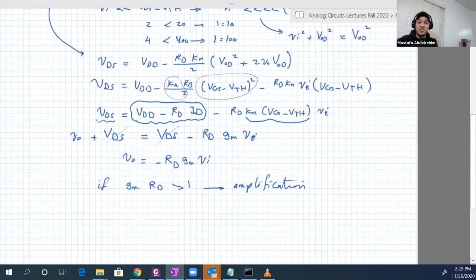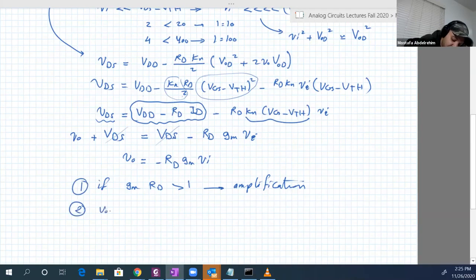So we can design our circuit such that the multiplication of Kn (VGS minus V threshold) by RD is larger than 1, so we will have amplification. So this is number 1. Number 2, vo is out of phase with v input, again just like the BJT amplifier, where they were out of phase, and here also they are out of phase.